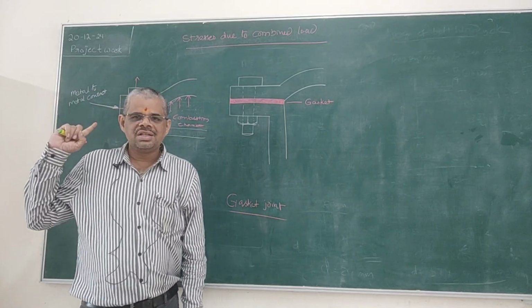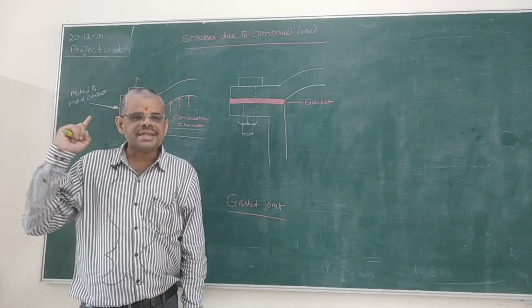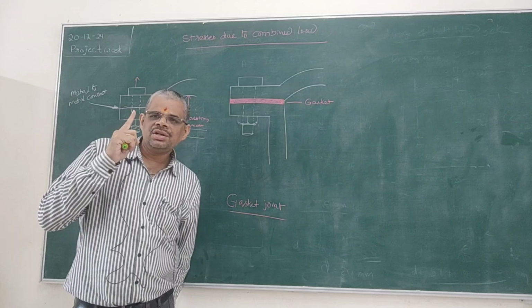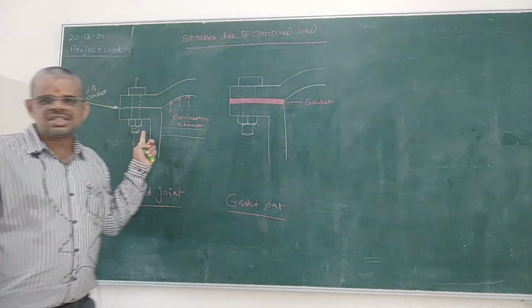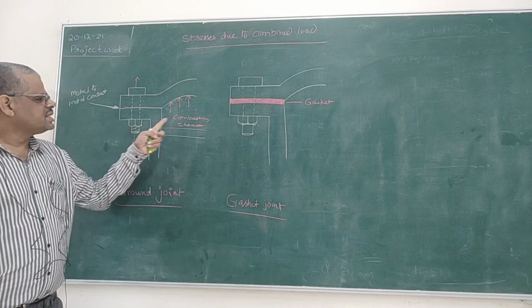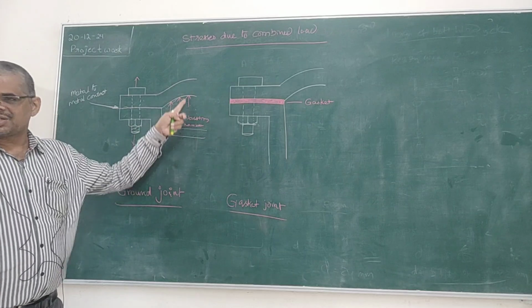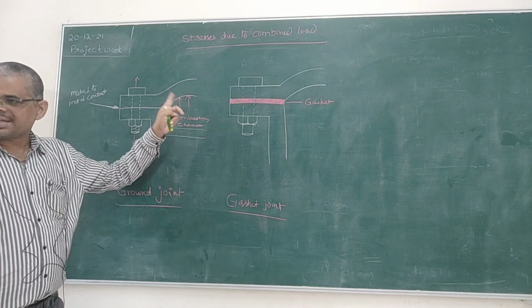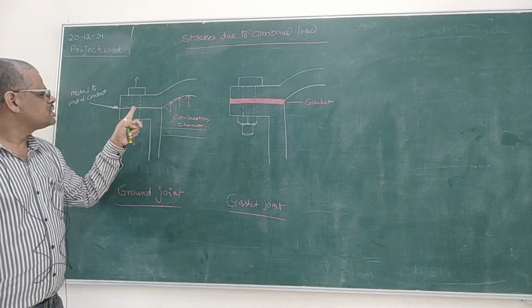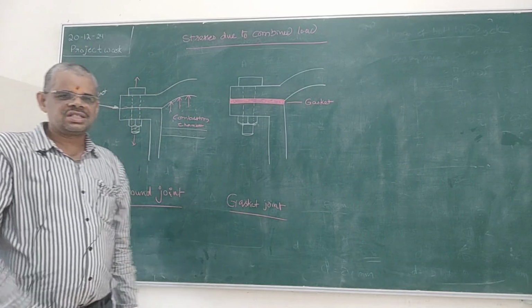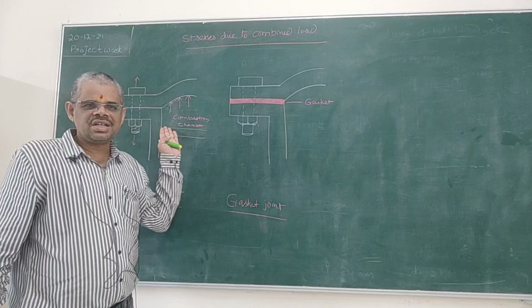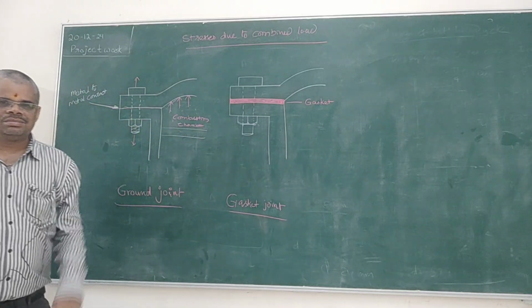So this bolt is in tension due to two loads. The first one is due to initial tightening, and the second one is due to the combustion pressure. This is the external load. Due to this also it is in tension. As a result of these two forces, tensile stresses are developed inside it and it may fail.